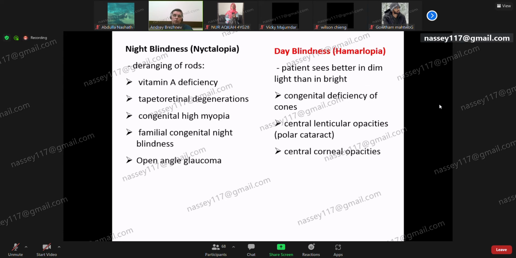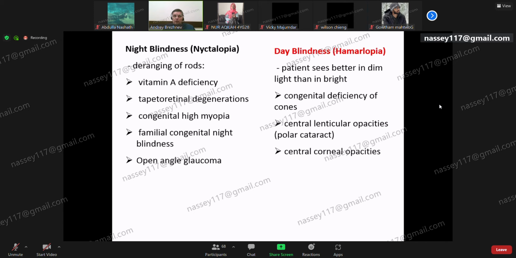One of the most frequent types of visual perception changes are the so-called different types of night blindness. We use a lot of Greek words in our practice, so the name of this disorder is nyctalopia.